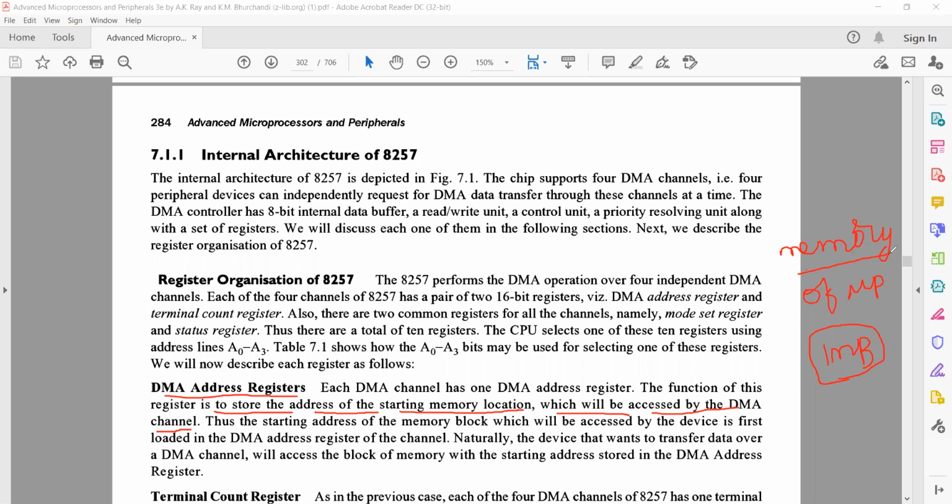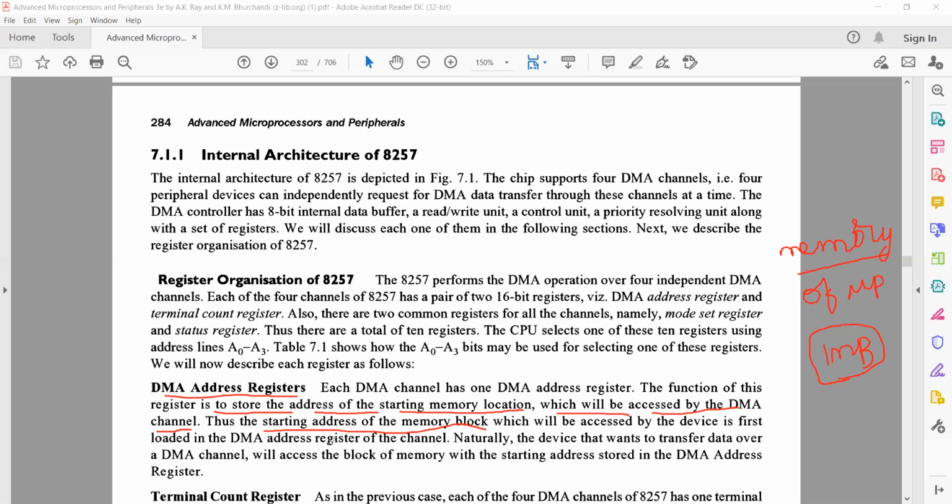That particular address of the memory location will be stored in the address register. That is the purpose of the address register here. So the starting address of the memory block which will be accessed by the device is first loaded in the DMA address register of the channel.